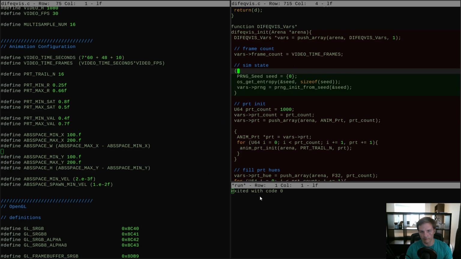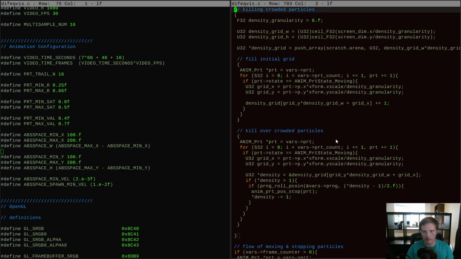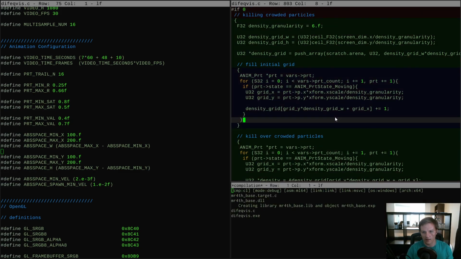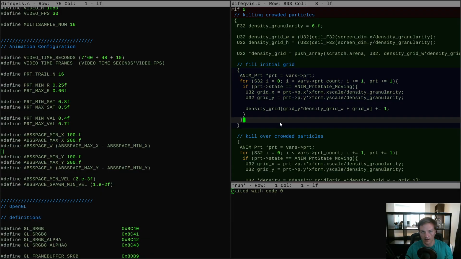Stuff spawns in and dies right away. So it's probably the density thing, is my first guess. What if we take that out and see if that lets things flow? There we go. So this is what it should look like, except that density should be getting applied, but when we apply density, it isn't correct.